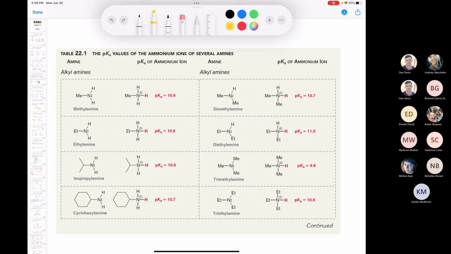But when we're talking about the basicity of all of these amines, it's much easier to actually look at the pKa of the ammonium ion, because what do we know? The higher the pKa of the conjugate acid, it means that it's a weaker acid, and that means it's a stronger base. So if I was to compare, let's say, the pKa of this ammonium ion and the pKa of this ammonium ion, you see that there's 1 log unit approximately of difference.